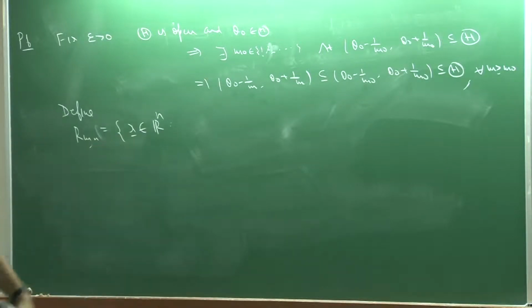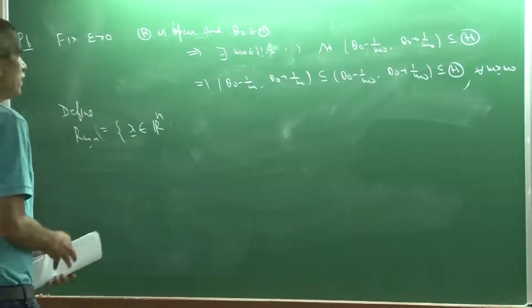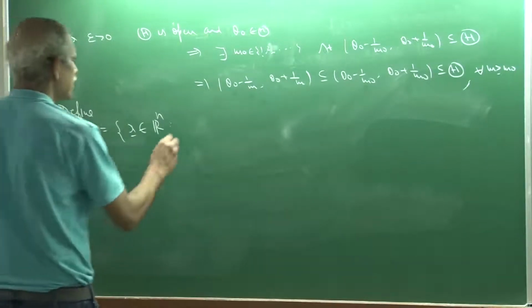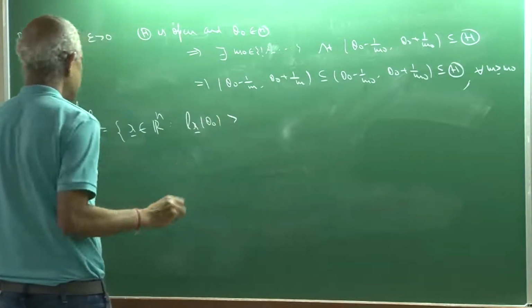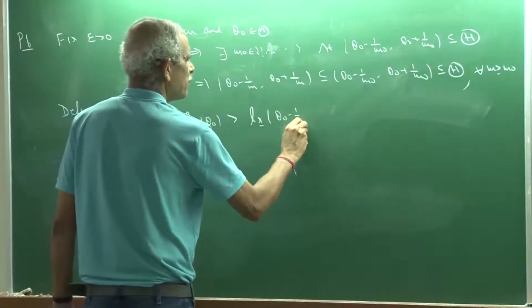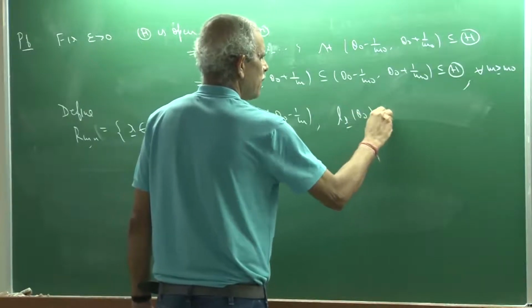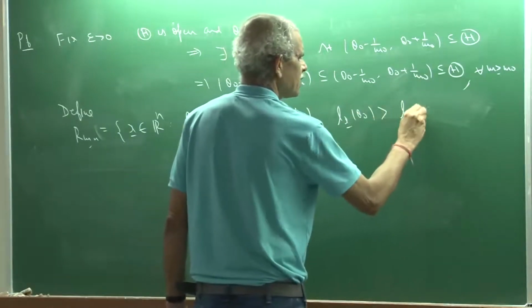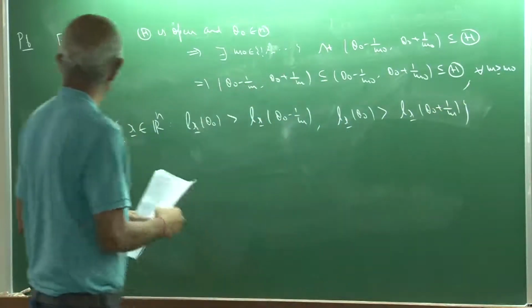So x is in R n, so x is x1, x2, ..., xn, each xi a real variable. So the collection of all those x belonging to R n such that L x of theta naught is greater than L x of theta naught minus 1 upon m, as well as L x of theta naught is greater than L x of theta naught plus 1 upon m. So it depends on m and n.